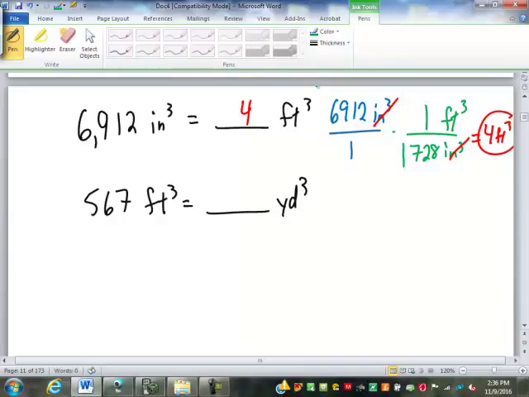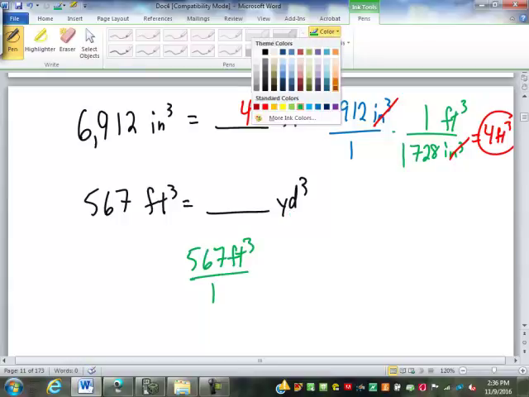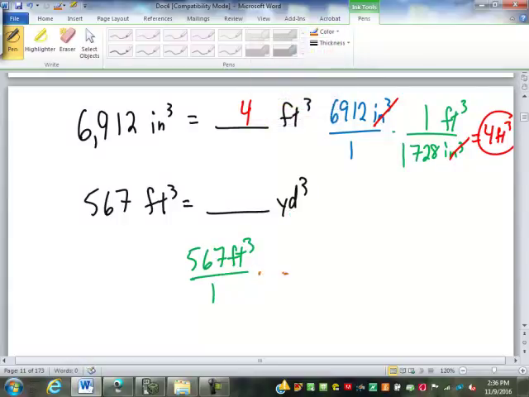So then over here, 567 cubic feet over 1, going into cubic yards. So cubic feet on bottom, cubic yards on top. The bigger unit is the yard, so it's 1 cubic yard. How many cubic feet are in a cubic yard again? 27, yes.